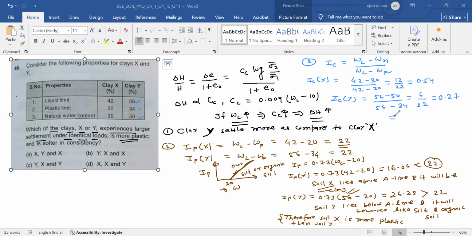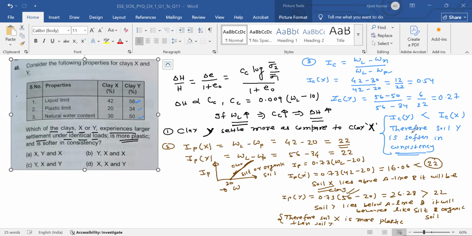0.27. Therefore, the consistency index of Y is less than the consistency index of soil X. Therefore, soil Y is softer in consistency.